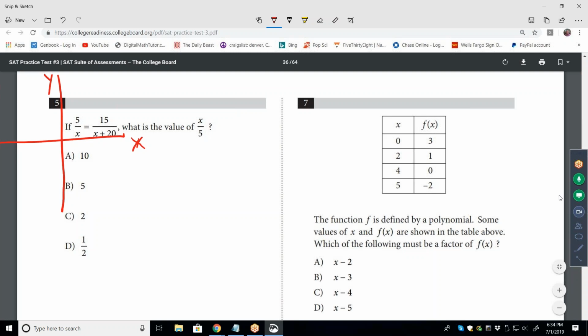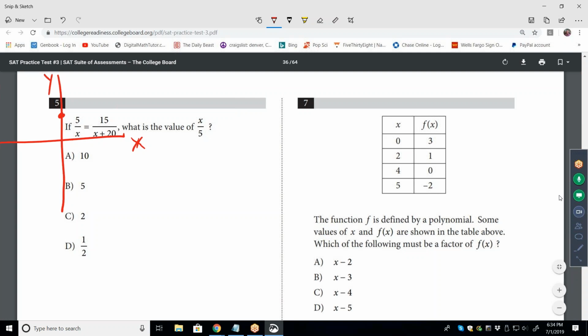Okay? So when you see a table that has an x and an f of x, it's the same thing as if they gave you a table of x and y. Okay? So give me the very first point that I can put on this graph. What's the x-coordinate? What's the y-coordinate?